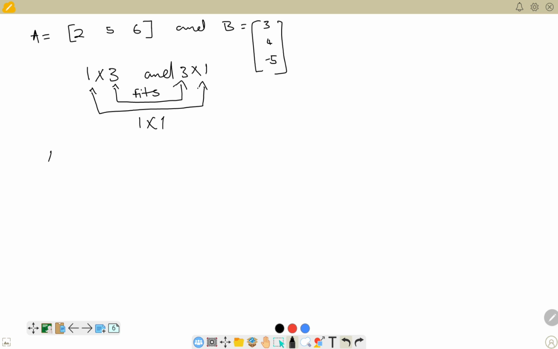So let's look at AB. We can see that we'll take 2 and multiply 3.